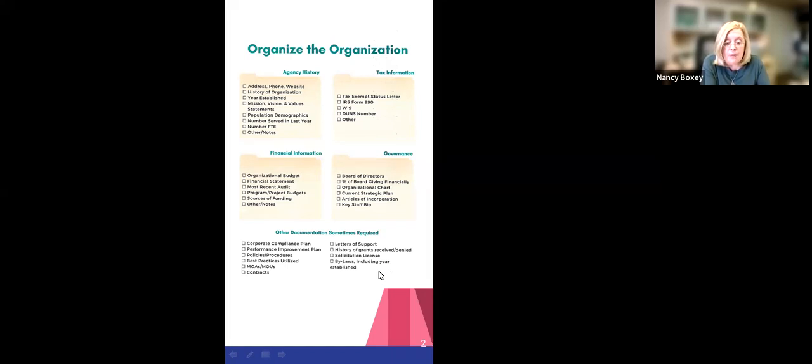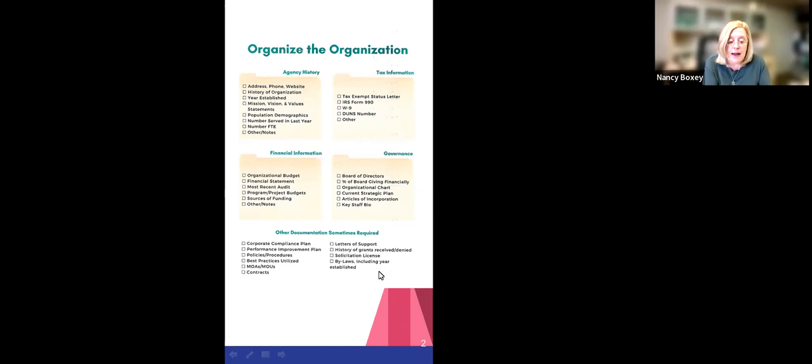Typically, you're going to want to have in place the pieces of your governance of your organization. If you have a board of directors, if they're required to give so much financially each year, do you have an organization chart? Things like current strategic plans, articles of incorporation, and key staff. Lots of times grant applications ask who's in charge of this project.